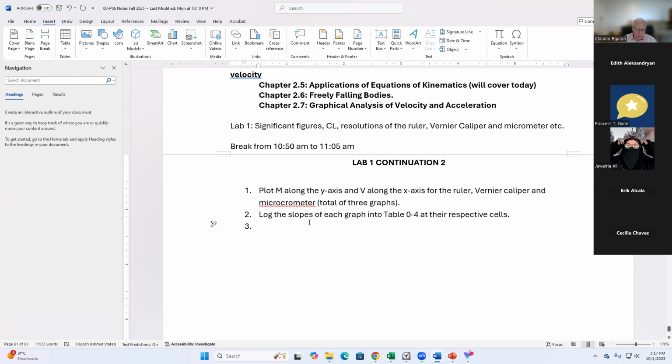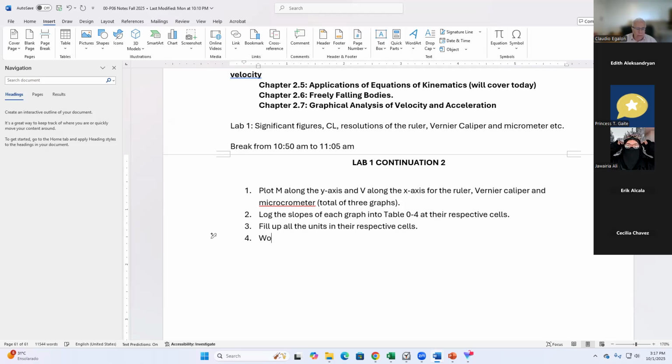And the next thing that you do, fill up all the units in their respective cells. It takes a little bit of time, okay? And let's see, next.